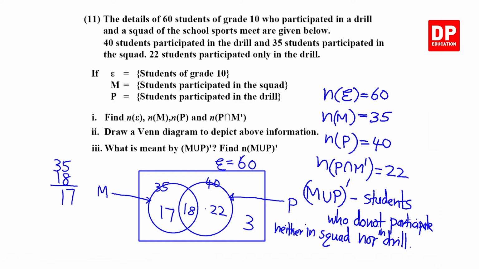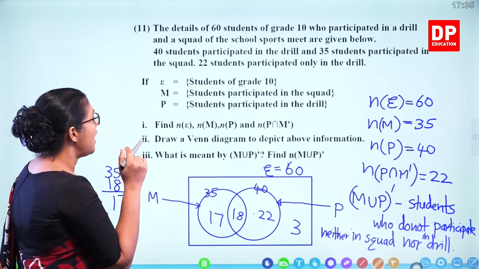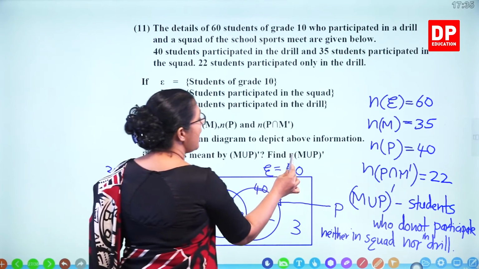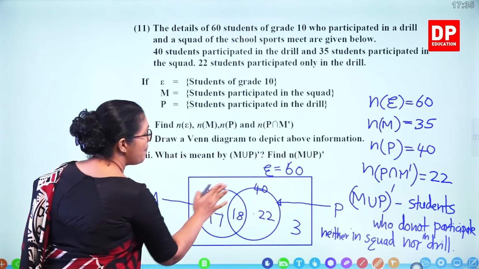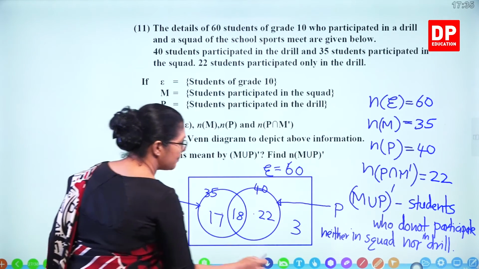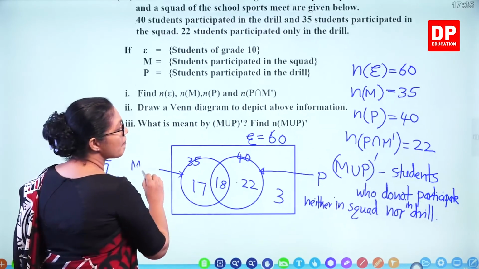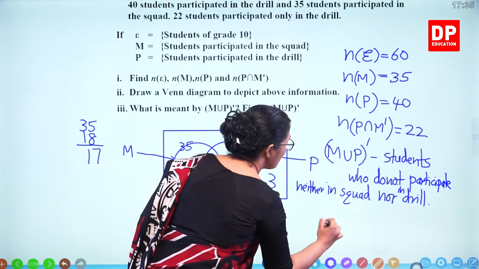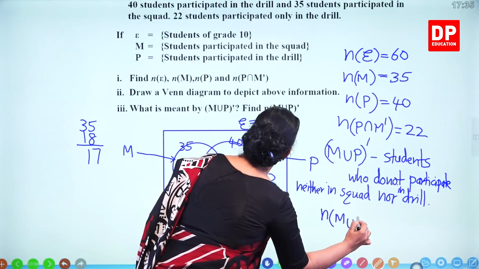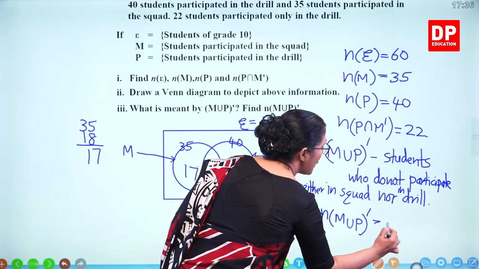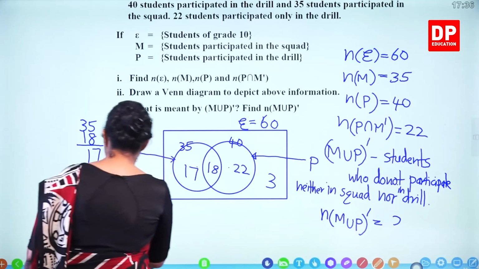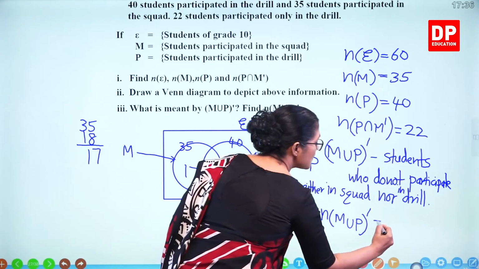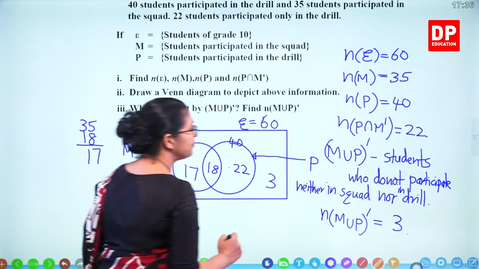So that's the set here, and then find N of M union P dash, which is 3. So the number of elements in M union P whole thing dash is equal to 3.